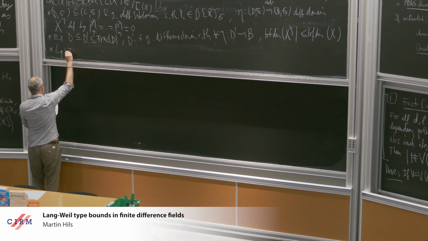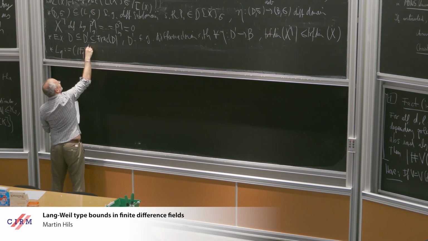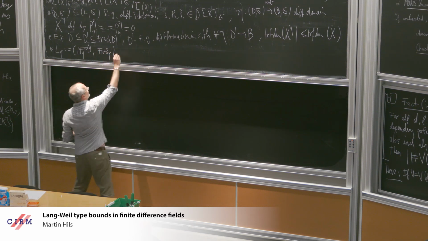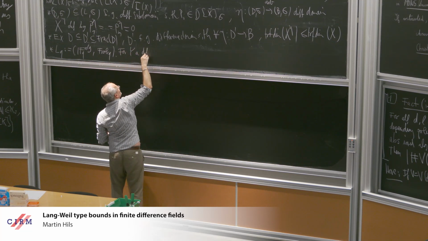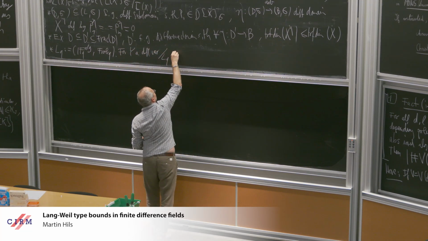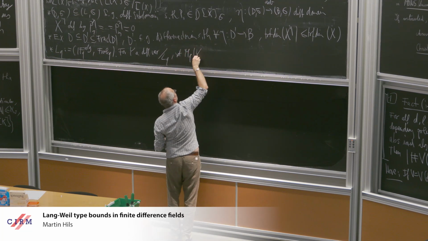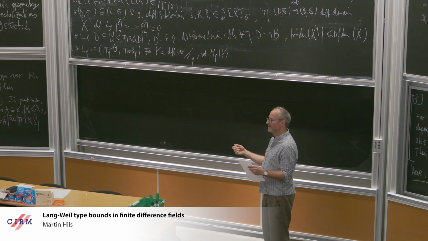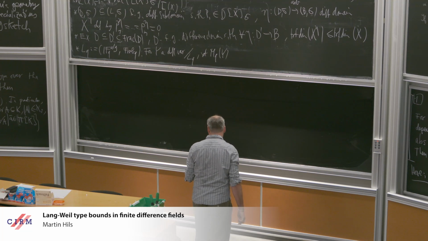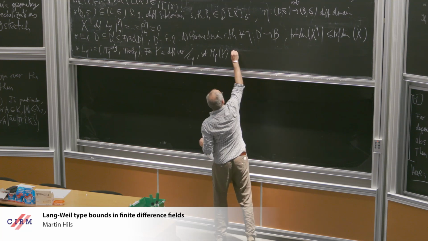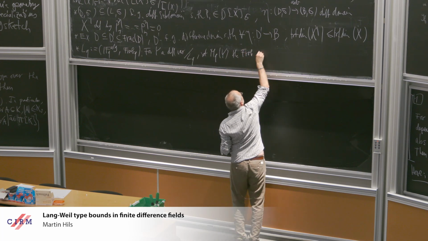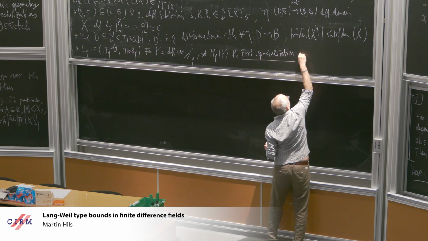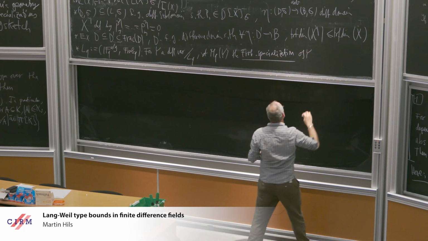So the notation L_q is F_q algebraic closure together with the q-Frobenius. So for Y a difference variety over L_q, set M_q of Y, the Frobenius specialization of Y, the algebraic variety you obtain by replacing the use of sigma by plugging in what it does.